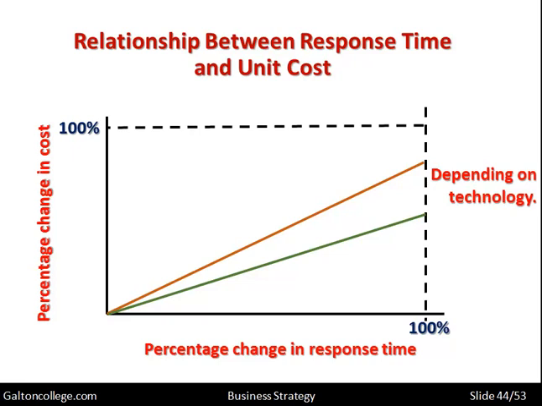So the relationship between response time and unit cost, well, it all depends on the technology. It depends on the organization of the business and the type of machines and the type of capability that the business has got. But we can imagine a diagram of this nature trying to represent the relationship between the two parts.